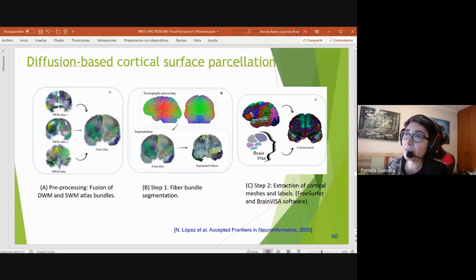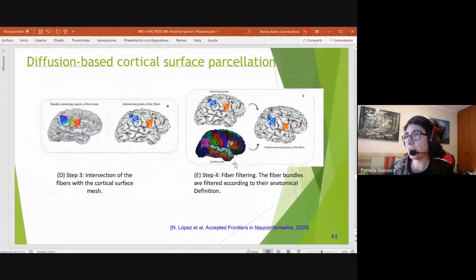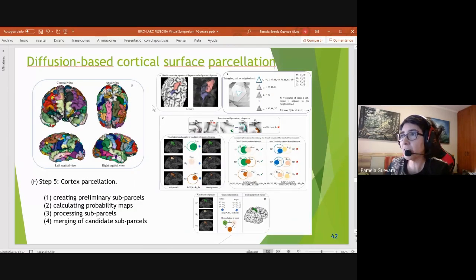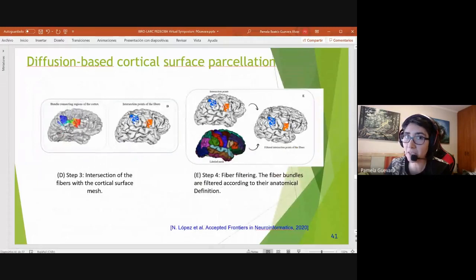The approach here was to use the bundles, the white matter atlas, segment the bundles in each subject, and reconstruct the regions connected by each bundle. With that, what we got was a high number of parcels that are the regions connected by the bundles, but these are very overlapped.